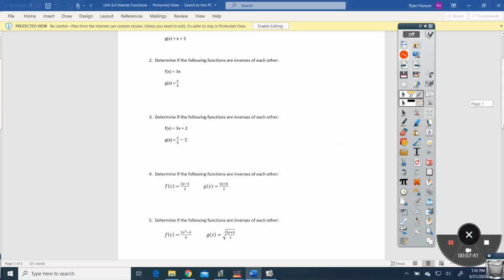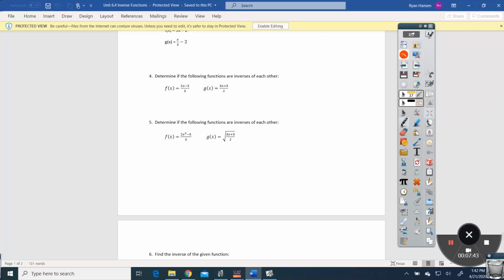Okay, so now question number 4 and 5. So again, f of g of x. I'm going to take this g equation and plug it into x on the f equation. So I have 2 times, that's where the x was, minus 5 over 3. I'm going to replace where the x was with 3x plus 5 over 2.